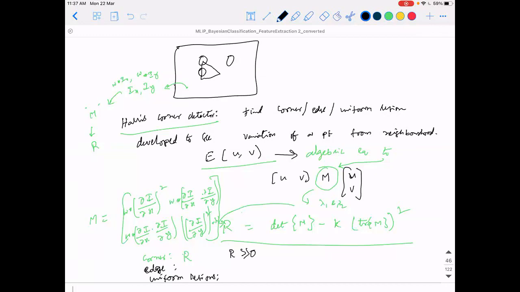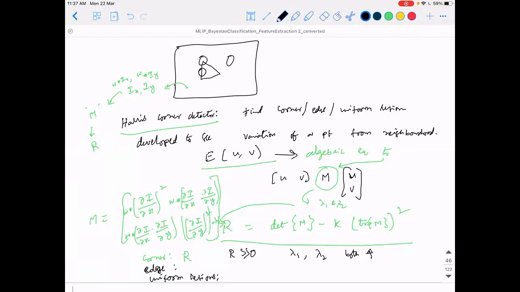Right. And for an edge point? R is negative. What is the intuition for R being large? Lambda 1 and lambda 2 are both high.